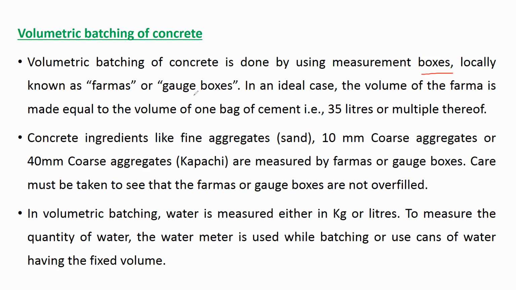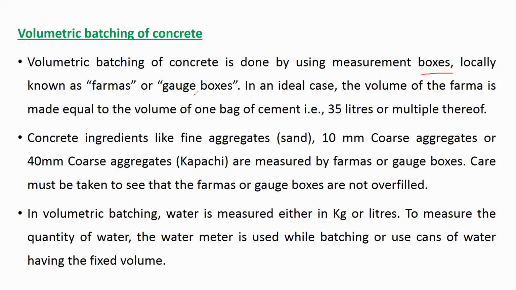If it is for two bags, it will be of 70 liters. Likewise, the size of the pharma will be decided. So if we are using 40 liters of sand by volume, then you have to prepare a pharma of 40 liters.